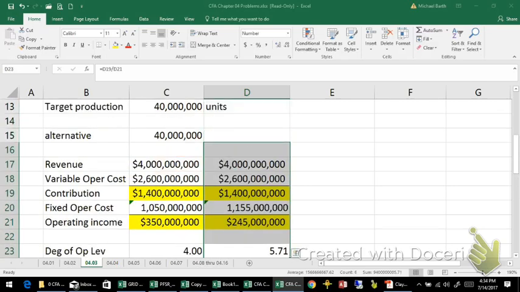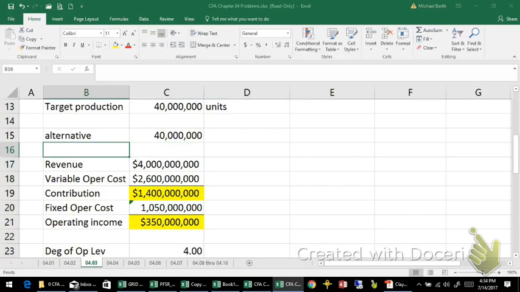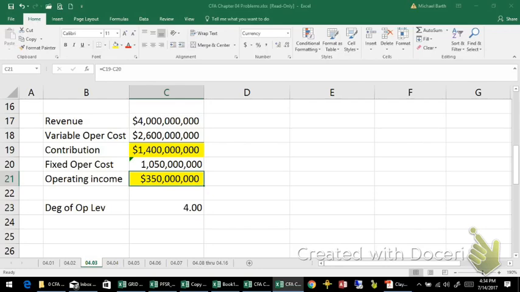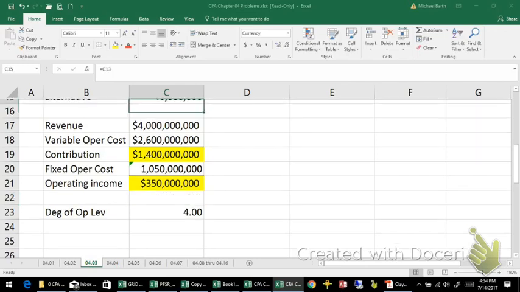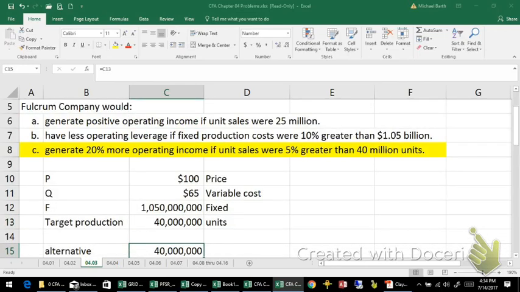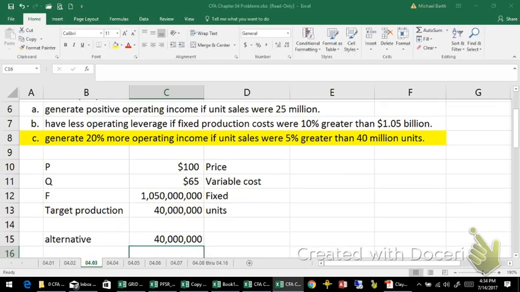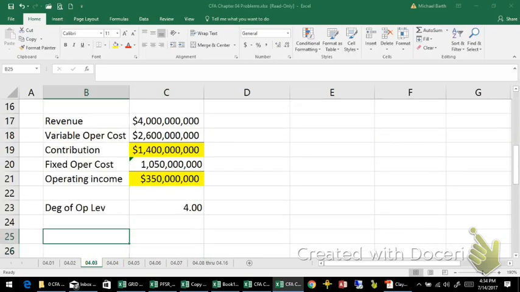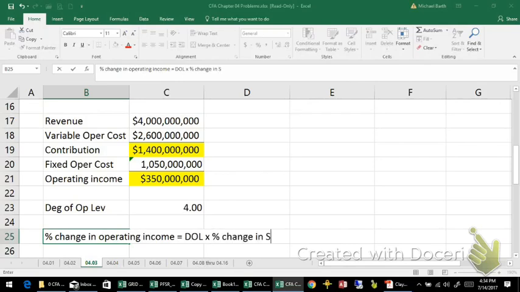The degree of operating leverage gives us the elasticity of operating income to changes in unit sales. Basically, the percent change in operating income would be equal to the degree of operating leverage times the percent change in sales.